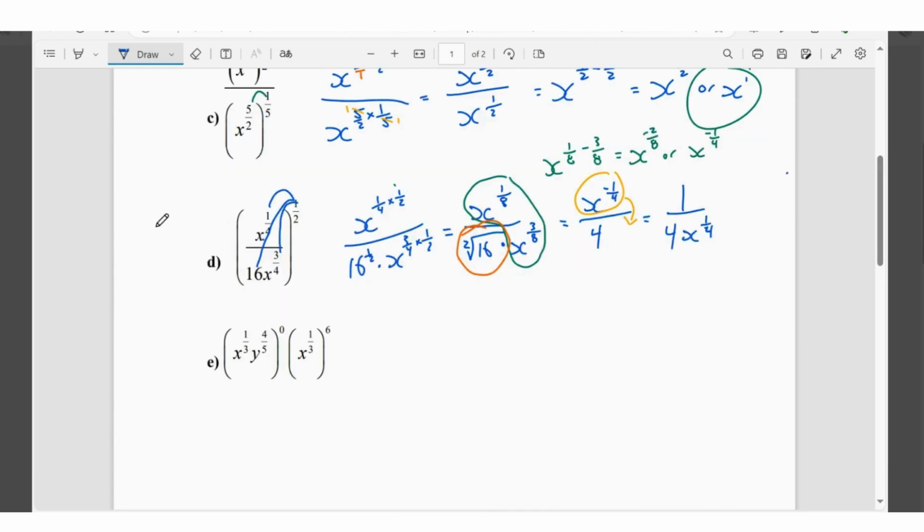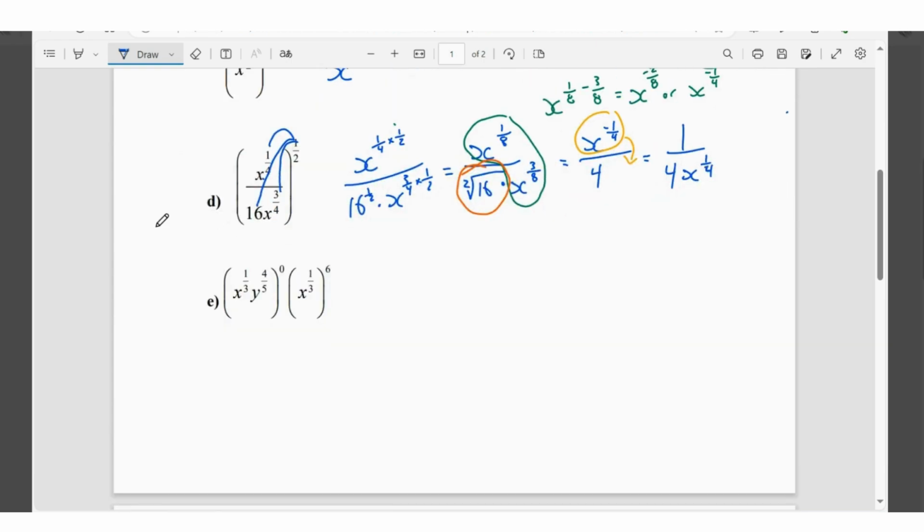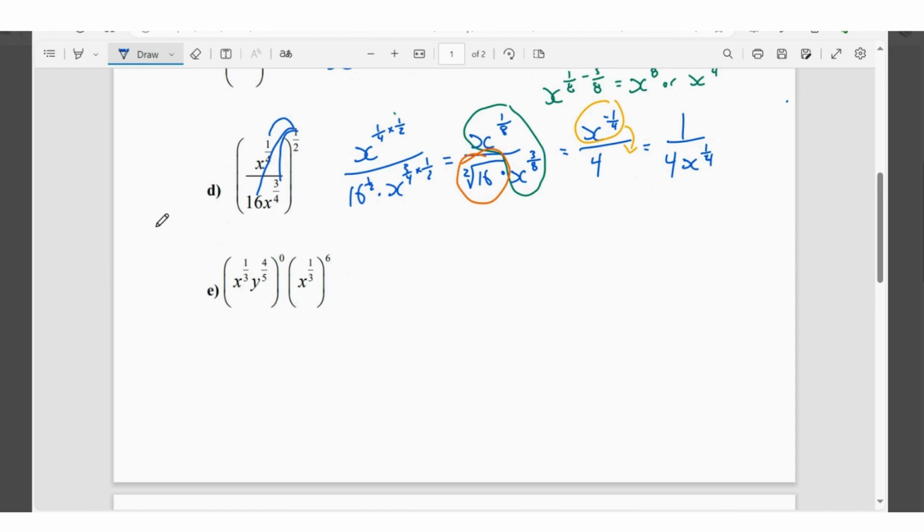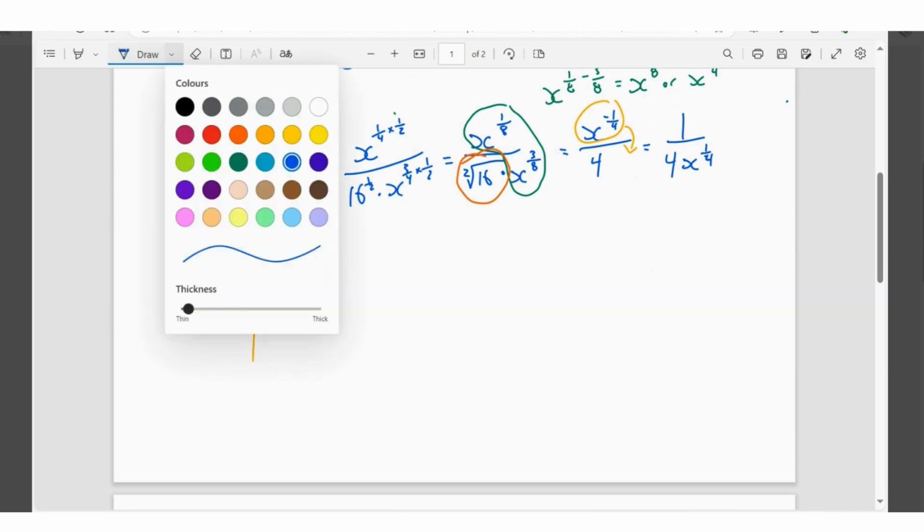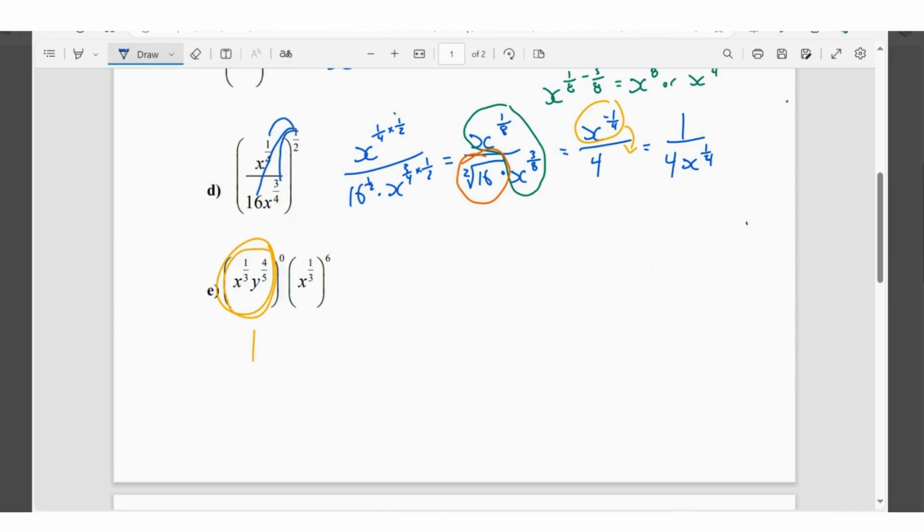Okay, let's do this next one. I hope you will all remember that anything to the power of 0 is just 1. So that's dealt with. Let's do this next part. Now we can just distribute this inside. 6 times a third. So x to the power of a third times 6 over 1.